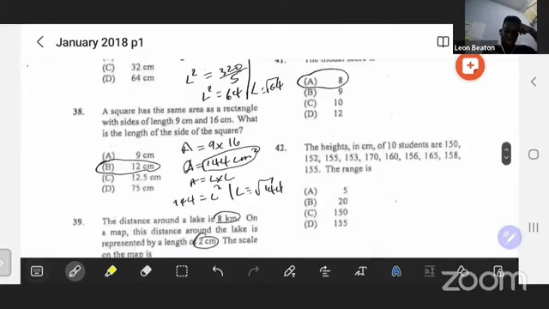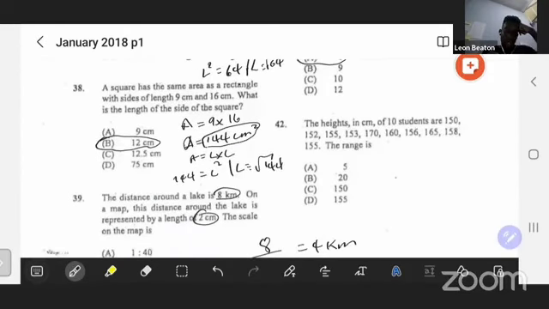All right, the heights in cm of 10 students are 150, 152, and so on. When we talk about range, it's basically a stretch of the heights. How far does it reach? So we subtract the lowest from the highest, and that will give you the range, how far these heights expand.